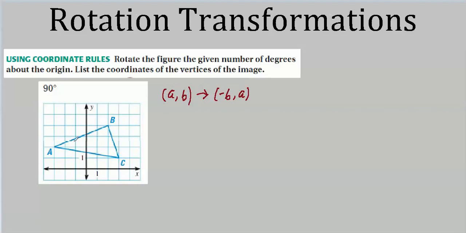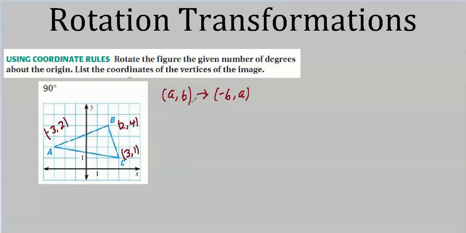Well, first we need to know what the coordinates of the original object, the pre-image, are. So these are the coordinates. I think I got this right. Let's see, 2, 1, 2, 3, 4. So what do we do now? All we have to do is apply our coordinate rule.